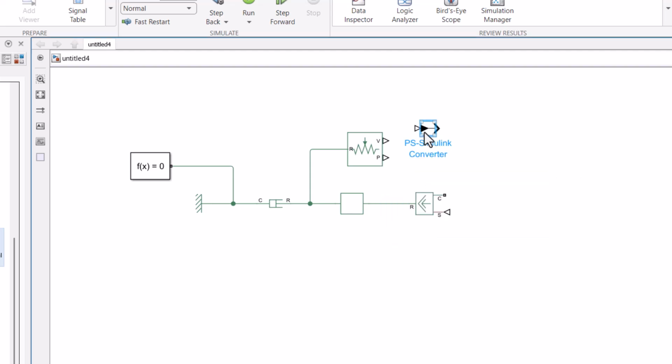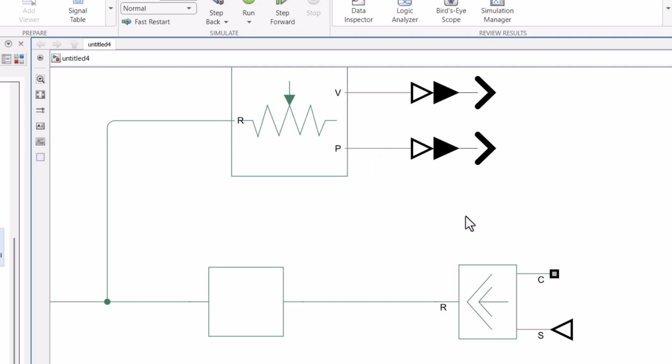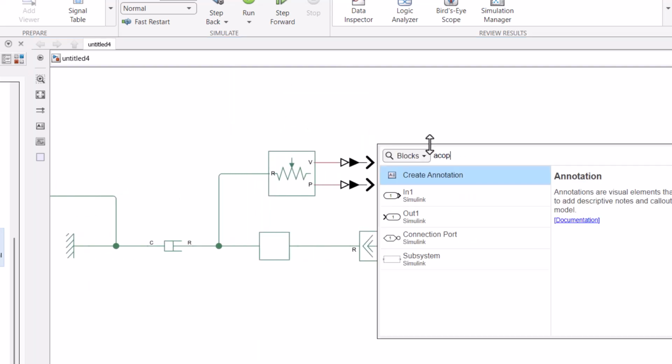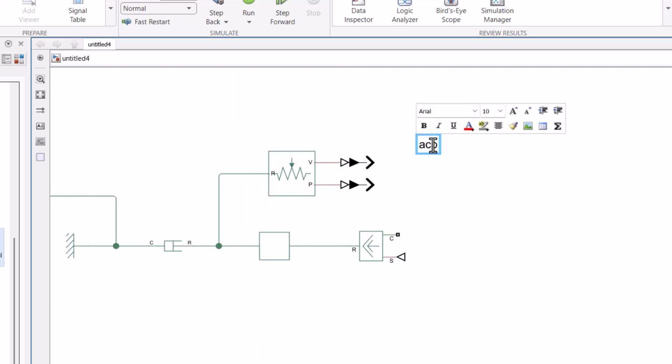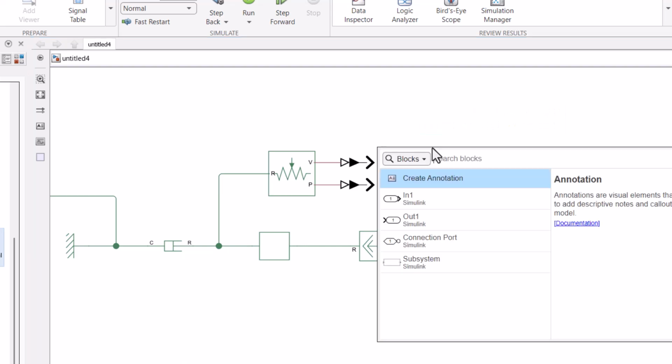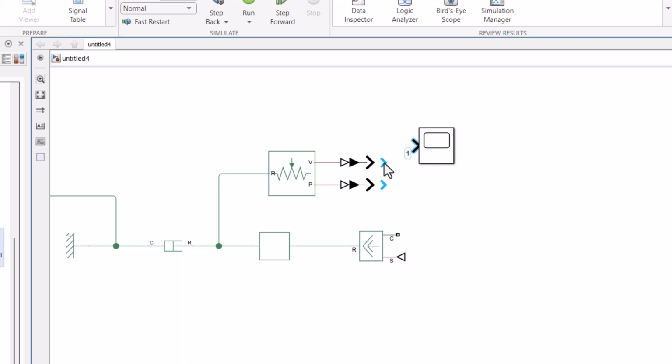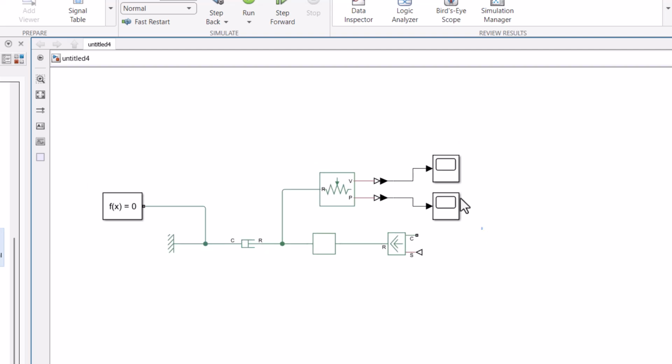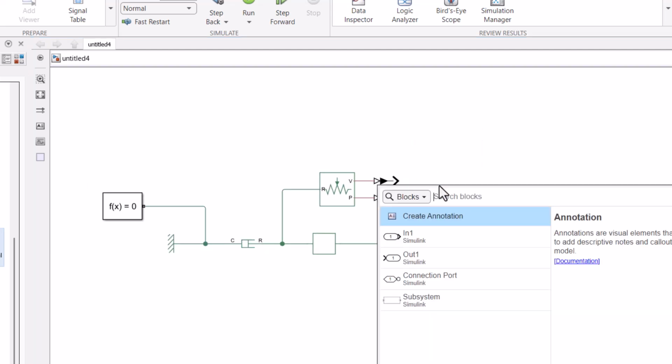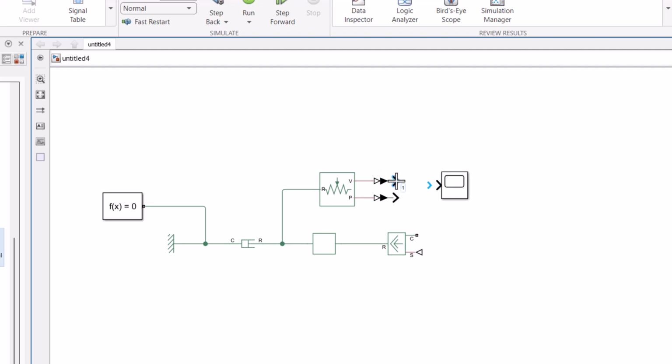I need 2 PS Simulink converters, one for velocity, one for position. And I need 2 scope commands. Or maybe I can draw both of them in a single plot.